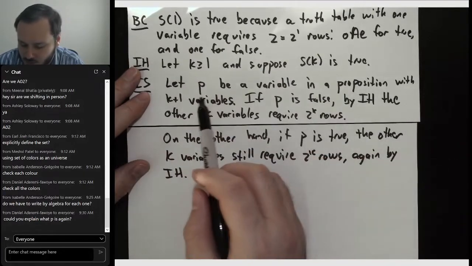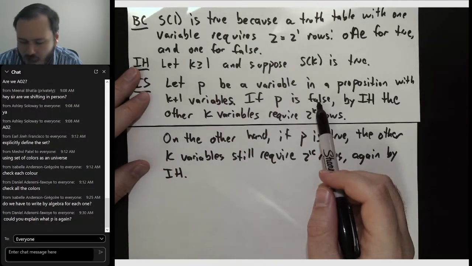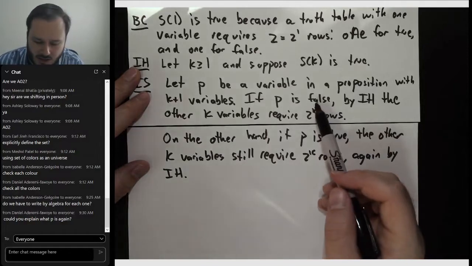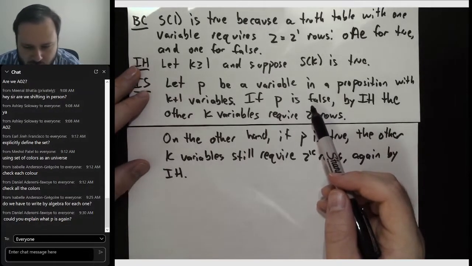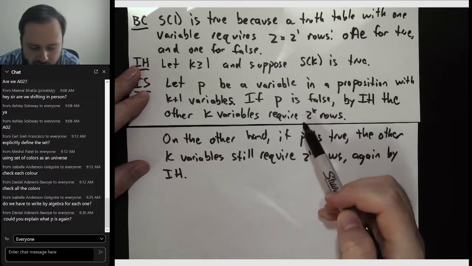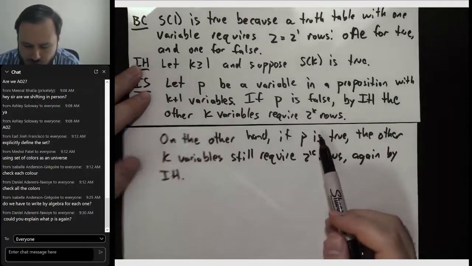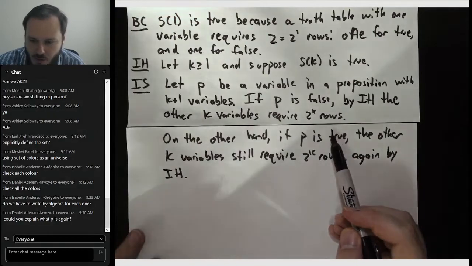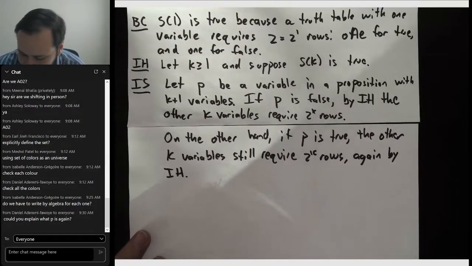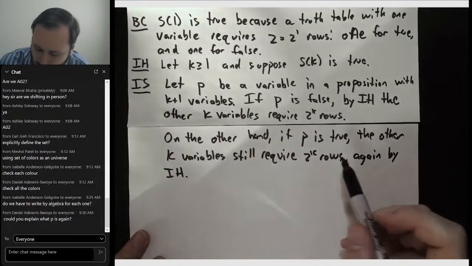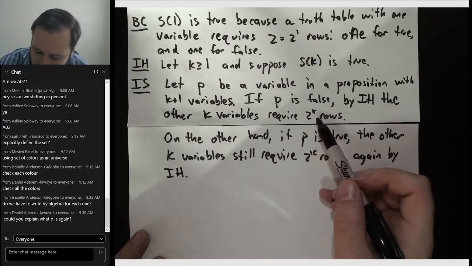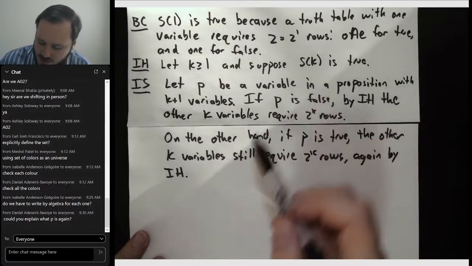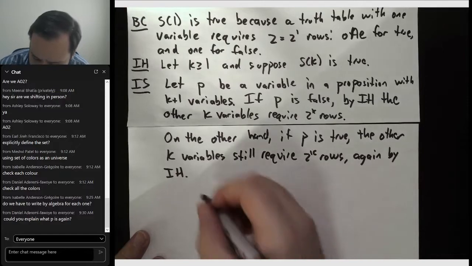If I made P false, then that's like putting falsehood in instead of P, or putting 0 in instead of P. If I make P true, that's like putting in a tautology, putting in truth, putting in a 1. Okay, so I'm going to have 2 to the k rows where P is false, plus 2 to the k rows where P is true.